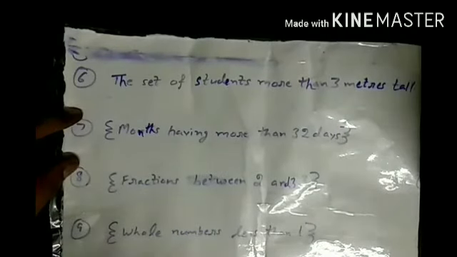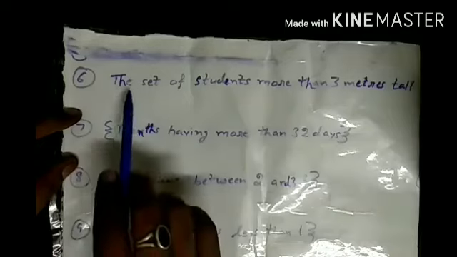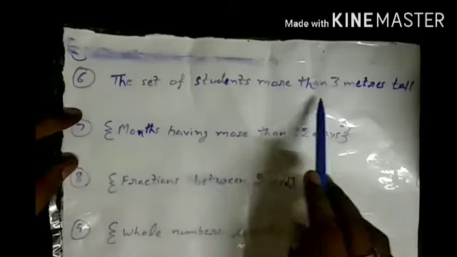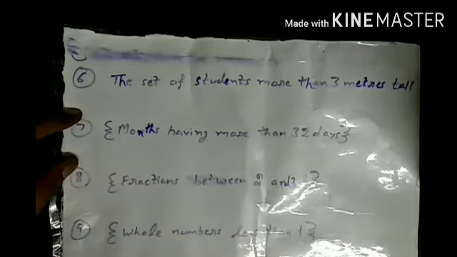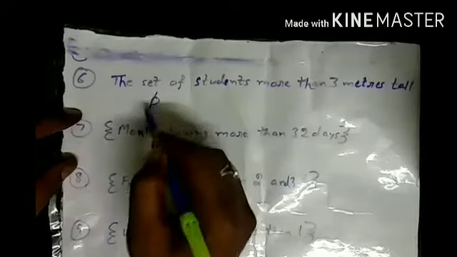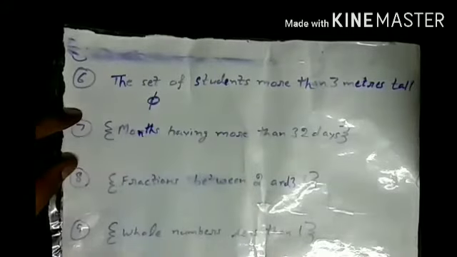Now in this question we have to decide whether these sets are finite set, infinite set, singleton set or null set. So let's go for the first question. The set of students more than 3 meters tall. 3 meters is a height that a student can't have. So this is the null set. No element is there.